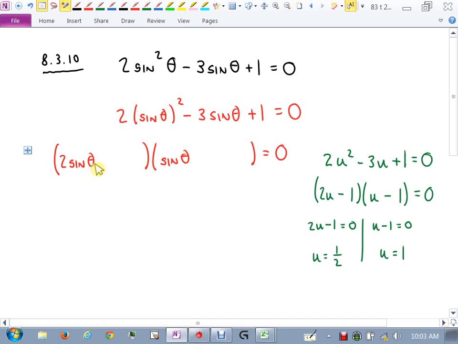When I multiply those two together, I get the 2 sine squared theta. I need a 1 in the back and a 1 in the back to give me the 1 back here. I need negative 3, so I put negatives in the middle, and that should give me the same thing, right? You could check it by foiling, that would give you this. Now you set each one of these to 0. Two separate equations now.